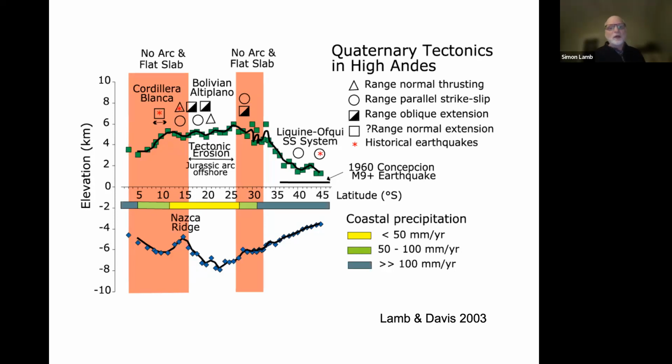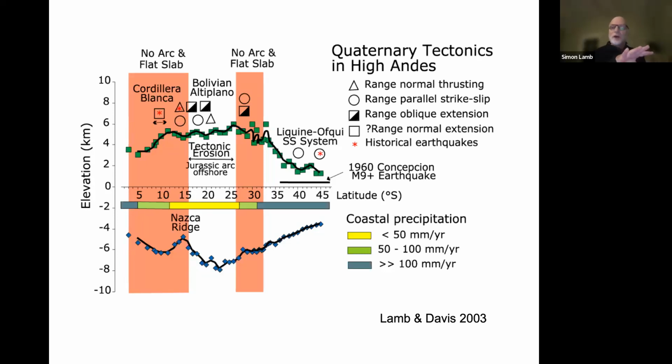But what's particularly interesting is if you look at the tectonics of the mountains, what's actually going on, and you can get this from earthquakes or neotectonics, looking at faulting of young Pleistocene sedimentary sequences. What you find is that the high Andes are in what I would call essentially a neutral tectonic state.